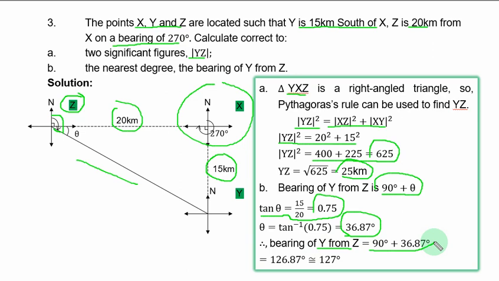To the nearest degree, we must consider 126. The next digit is 8, and it's more than 5, so you round it up: you add 1 to 126, and you have 127 degrees as the bearing of Y from Z.